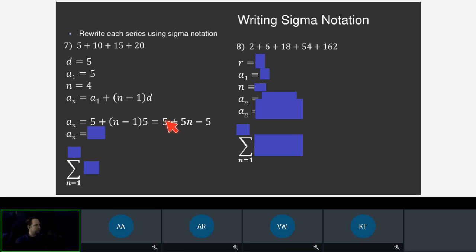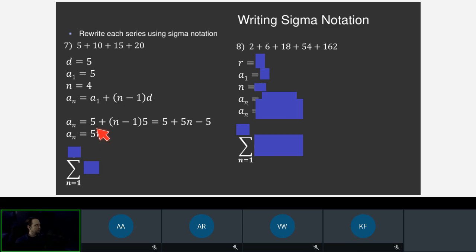Combine like terms. 5 minus 5 is 0. So all we're left with is just 5n. So that means that a sub n equals 5n. So this tells us the expression that we'll use in our sigma notation.